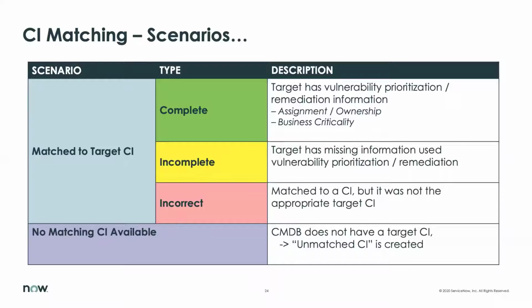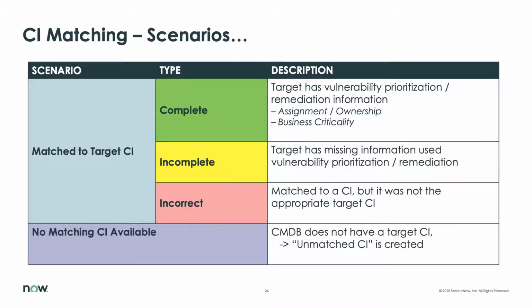We have the details to prioritize vulnerable items for this CI, and we also know who owns this risk to the company from a reporting perspective, and who's in charge of being hands-on keyboard to remediate this vulnerability.